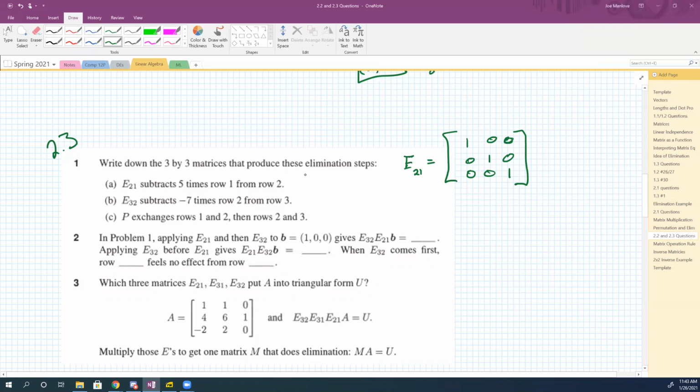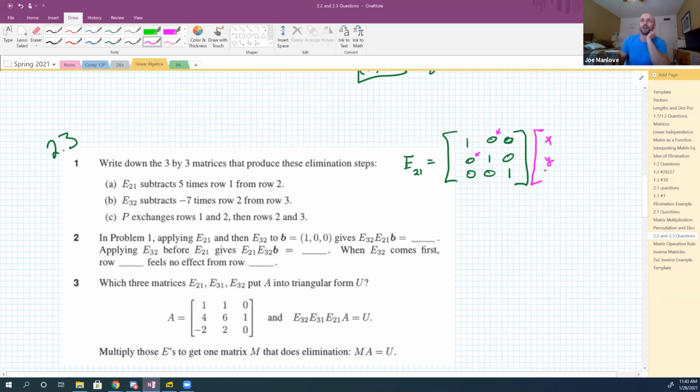Nope. No. Okay. So let me think about what I need to change. I have this vague recollection that if I want to do something with row 1 and row 2, it's probably going to have to go either here or here. Does that thought make sense? One of the ways I'm thinking about this is, if I multiplied this by something, like let's say x, y, and z, so I'm taking E21 and multiplying it by x, y, z.